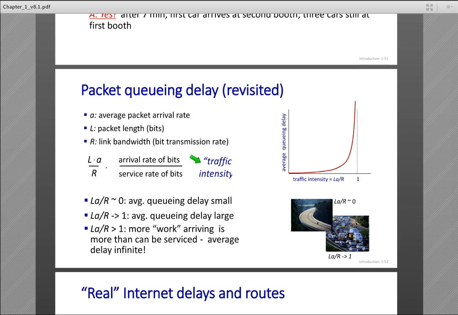In other words, we say that traffic intensity is the arrival rate divided by the service rate. What does it mean? Look at this chart here on the right side.